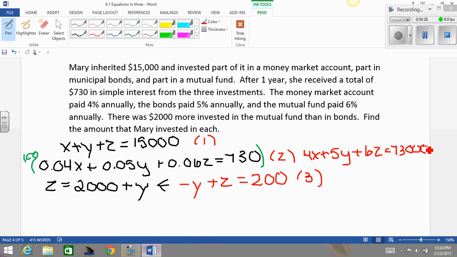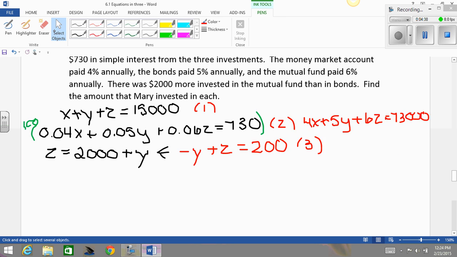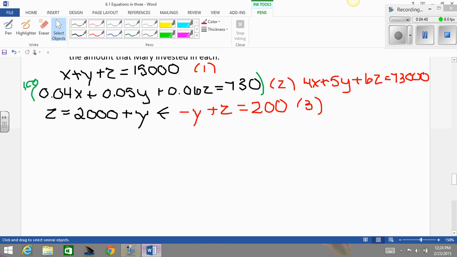Now we need to work on the isolating piece. We've got equations 1, 2, and 3. What would I have to multiply the first equation through by to get the x's to cancel in the second equation?